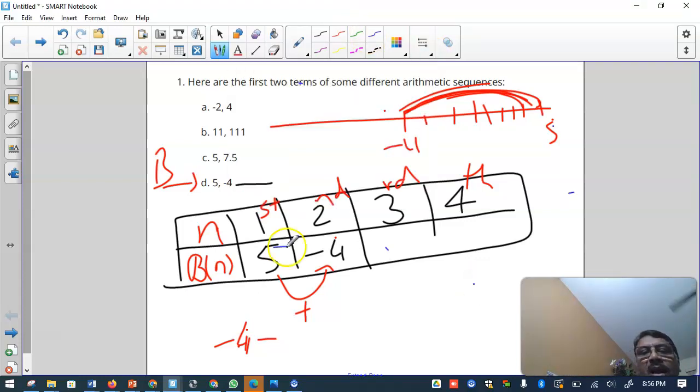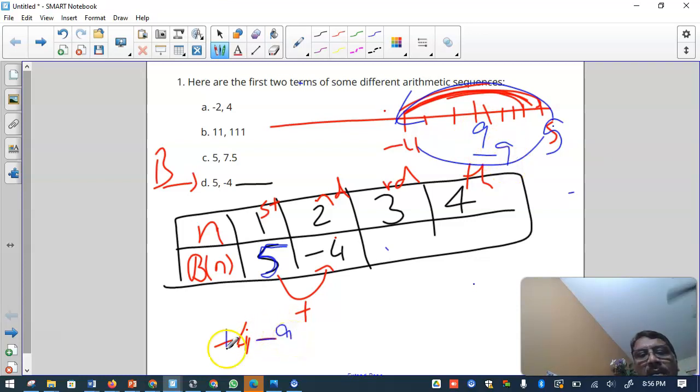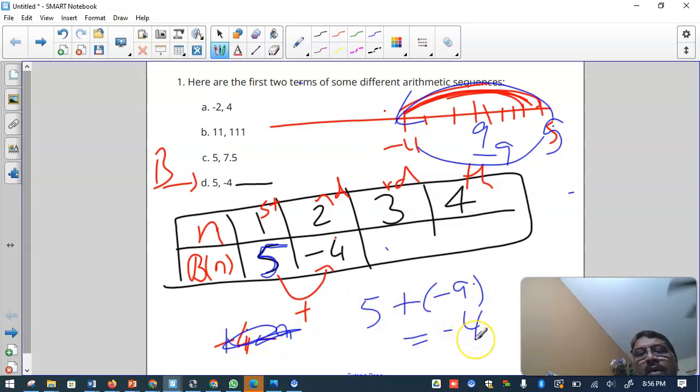That's what I forgot: this is the start, 5, and you go backwards. So you have to add minus 9. Even though it is 9, you're going backwards, so minus 9. So it was 5, and you're adding negative 9, and that is -4.